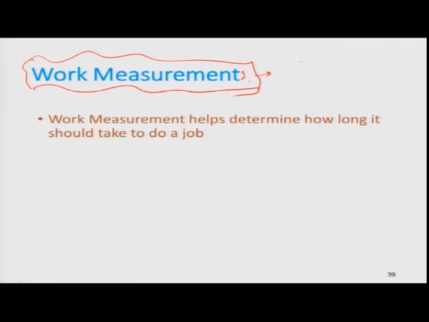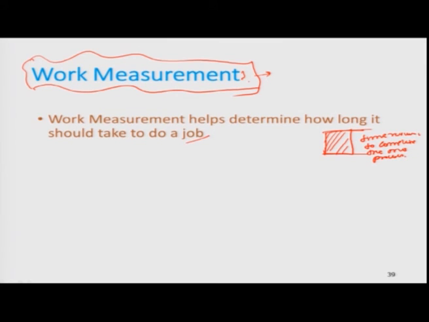Work measurement helps determine how long it should take to do a job in a standard way. Suppose one worker is doing something on a machine, and if you want to calculate the machining time, you will have to measure how much time is required to complete one process.